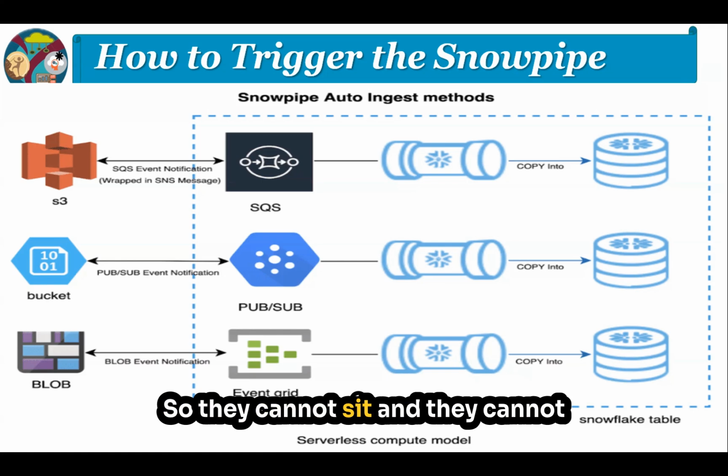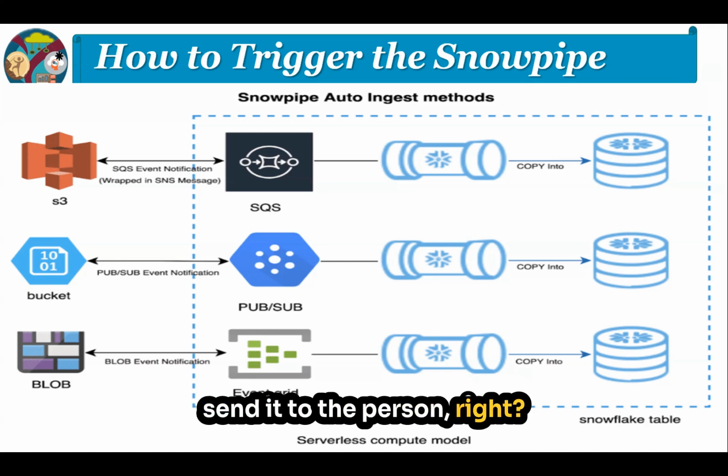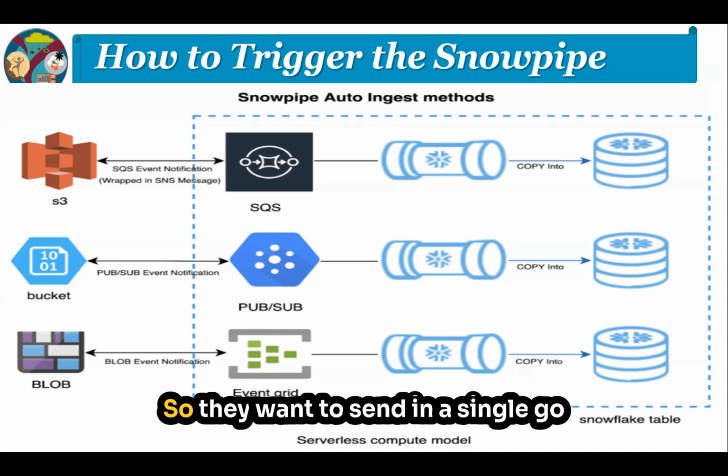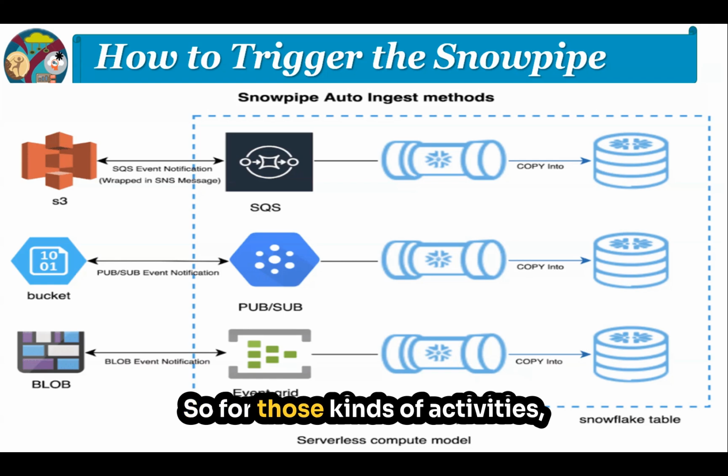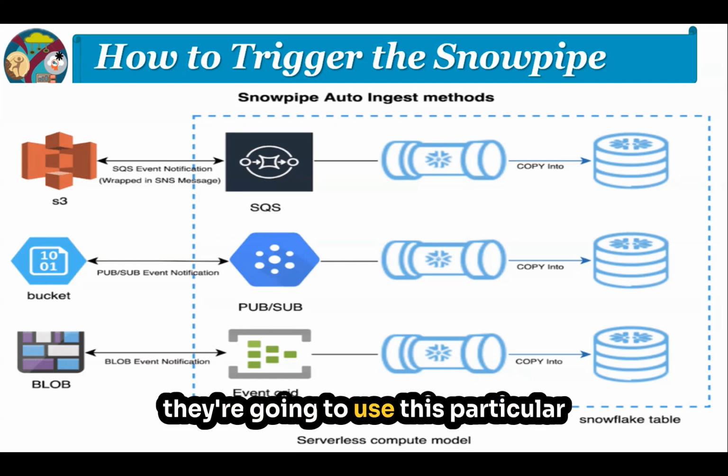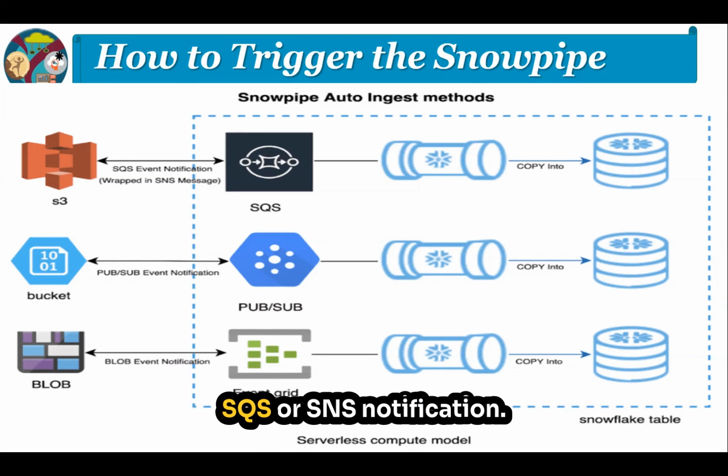They cannot sit and send to each individual person, right? They have thousands of customers in their database system, and they want to send this message to everybody in a single go. For those kinds of activities, they use SQS or SNS notifications.